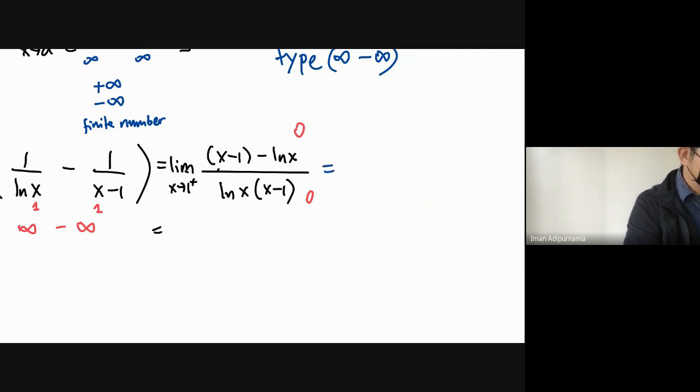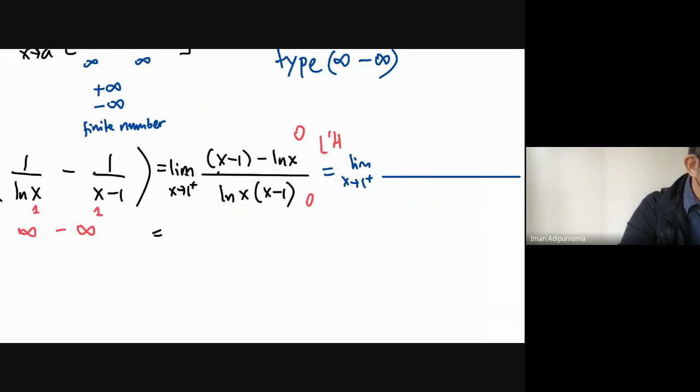Okay, so we can write this with the L'Hopital process. This will be, let me write, x minus 1. So this will be 1 minus 1 over x. And this will be a product rule.